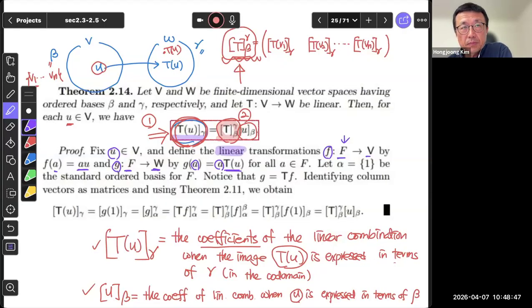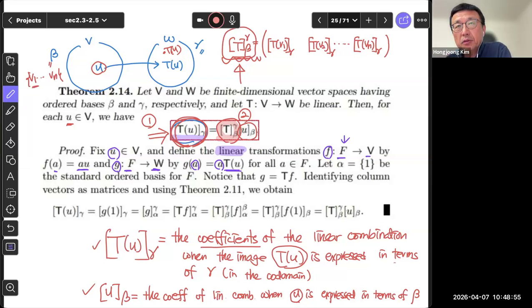Now, for the F space, we can use this number 1 as the basis, right? Basis. Then, we know that this mapping G will be the composite of T and F. And identify the column vectors as matrices, and we have the following.